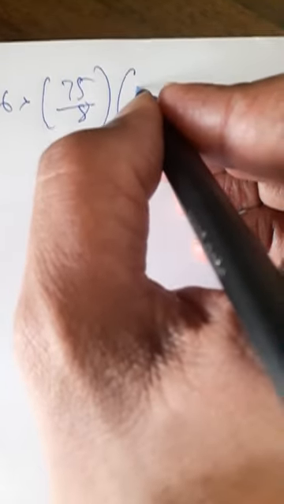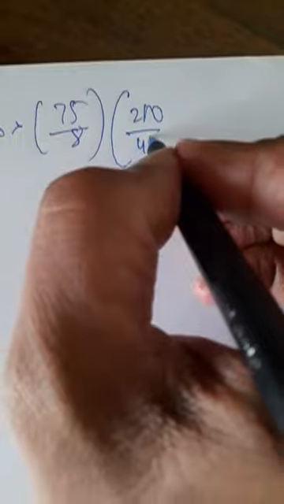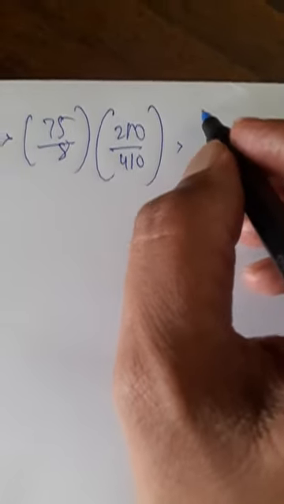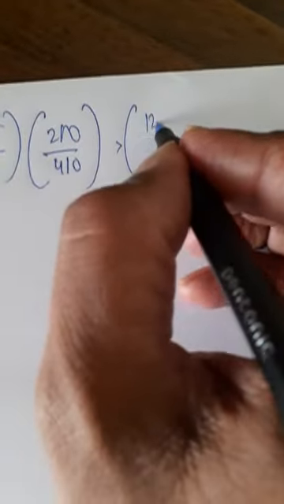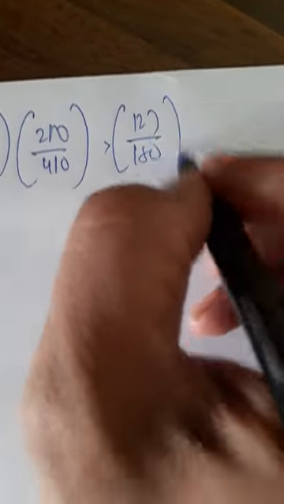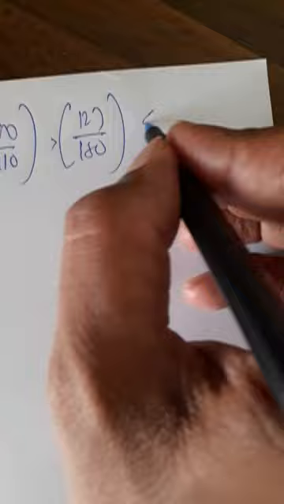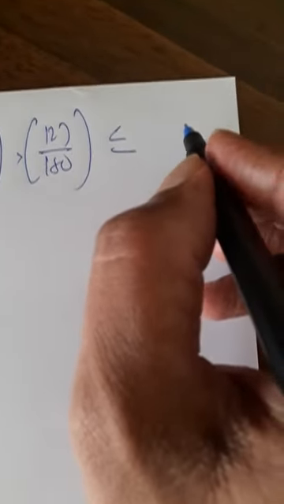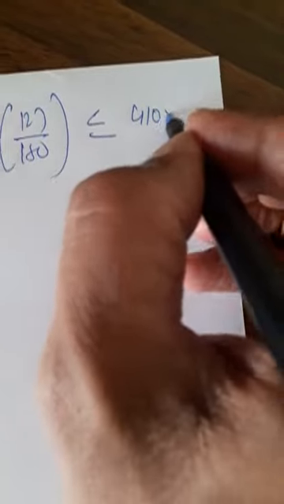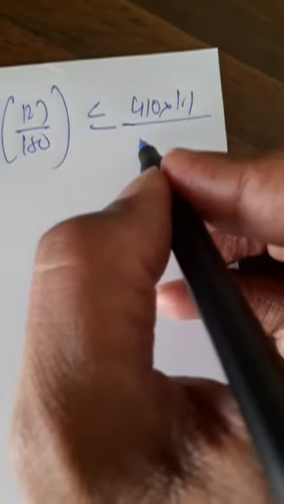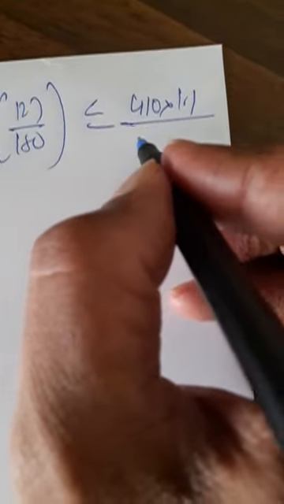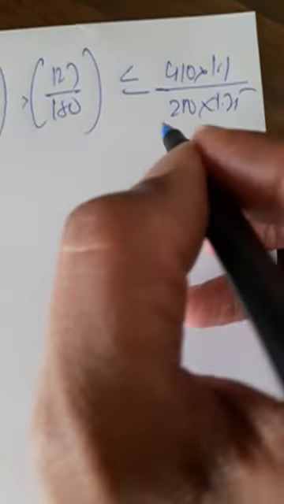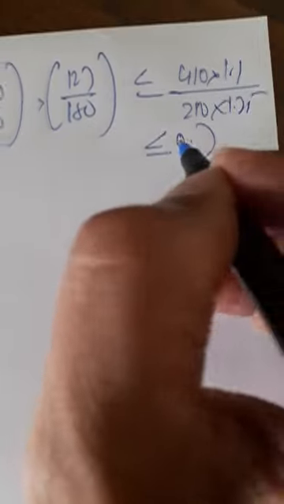So Fy is 250, Fu is 410 into Bs by Lc. Bs is 127, Lc is 180, and this should be less than or equal to Fu into gamma m naught. So Fu is 410 into gamma m naught is 1.1 divided by Fy into gamma mw, 250 into 1.25, and this should be less than or equal to 0.7.